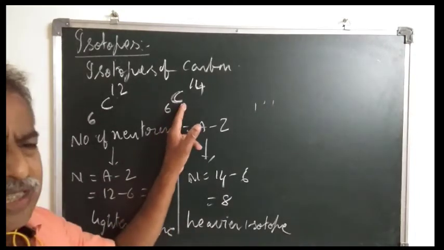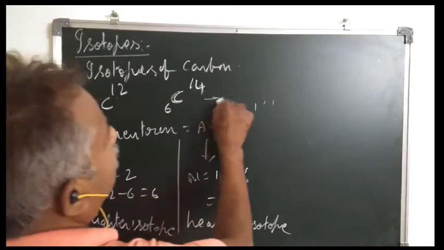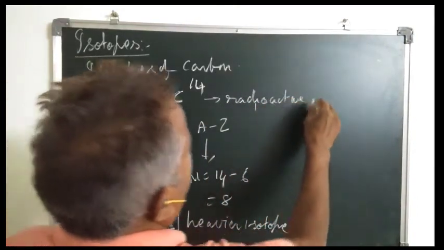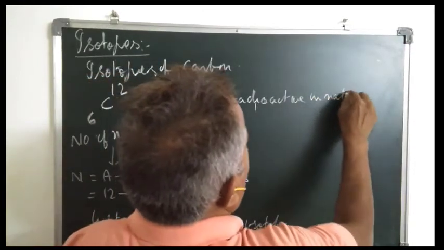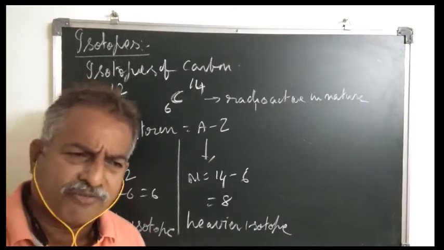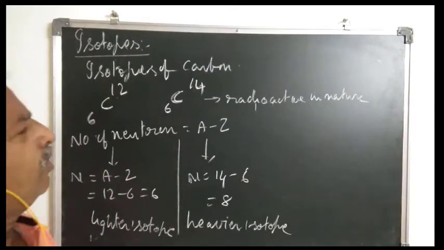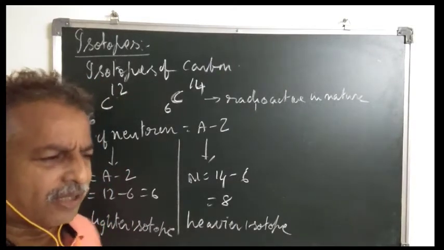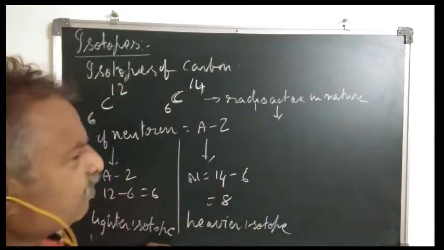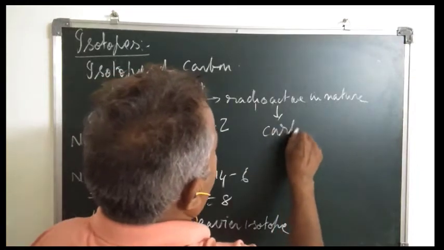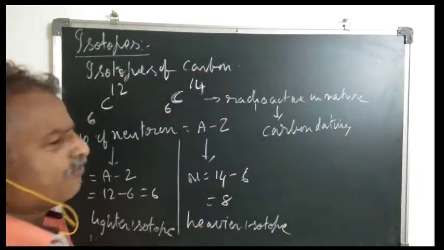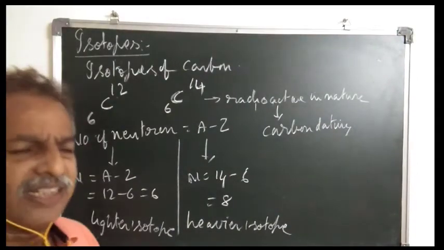This carbon C-14 is radioactive in nature. As it is radioactive, this is used in the estimation of the age of old wood furniture, old trees, etc. The process of estimating the age of the wood is referred to as carbon dating. So C-14 is used in carbon dating.